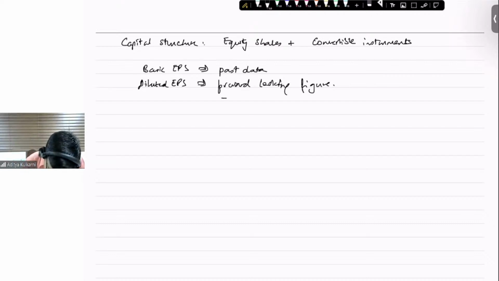Sir, why do you call it a forward looking figure? Because it takes into account all potential conversions of convertibles.